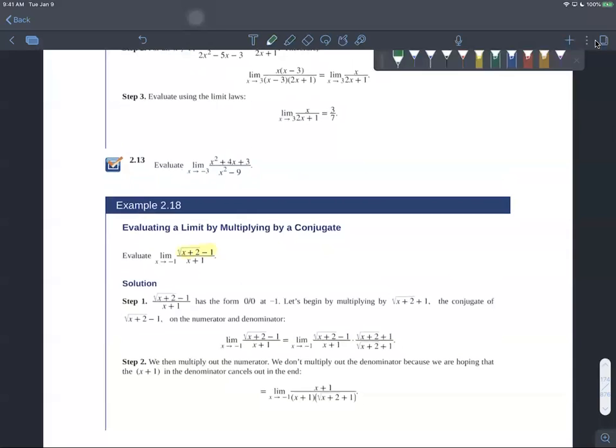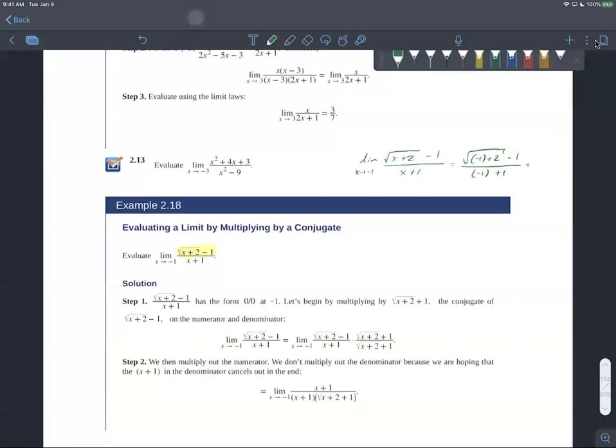So I'm going to do that up here. The limit as x approaches -1 of the square root of x plus 2 minus 1 over x plus 1. Let's plug in the square root of -1 plus 2 minus 1, and -1 plus 1 on the bottom.